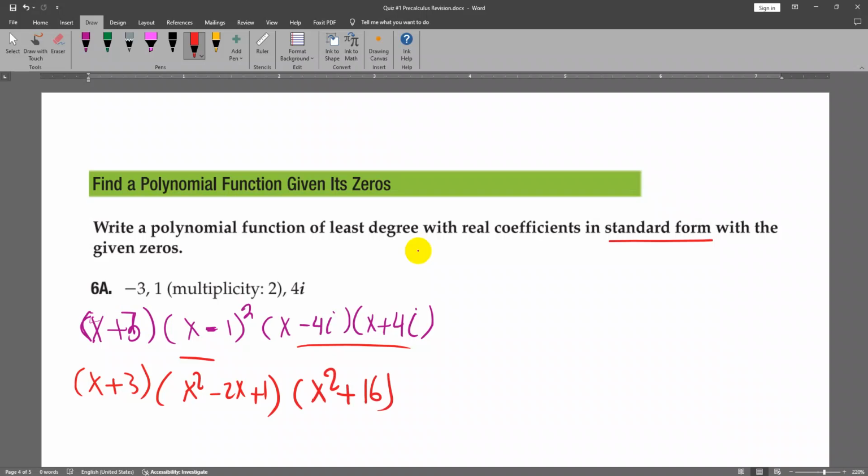Okay, let's multiply these two first. So we have x plus 3 the same, and x power 2 times x power 2 we'll do it like this.